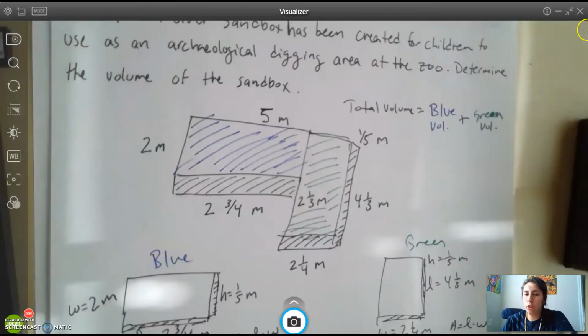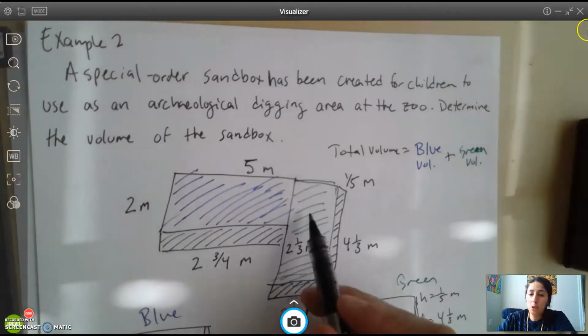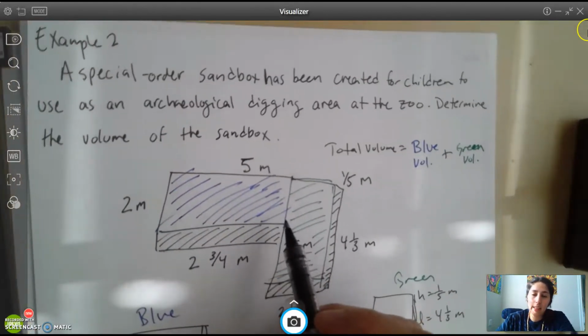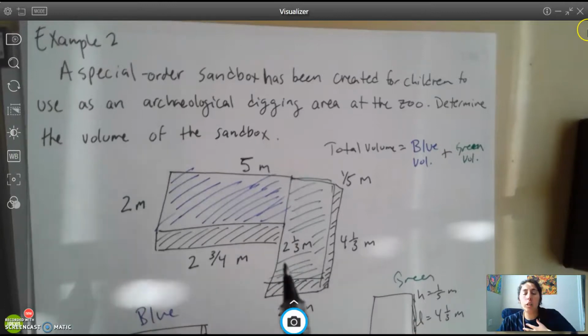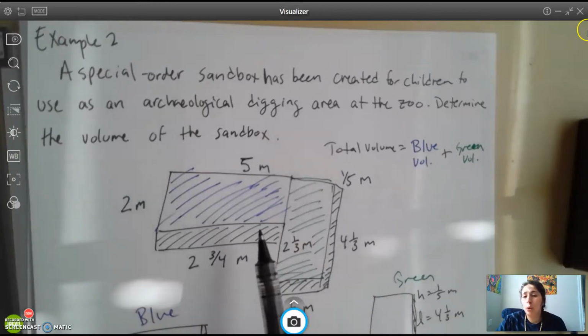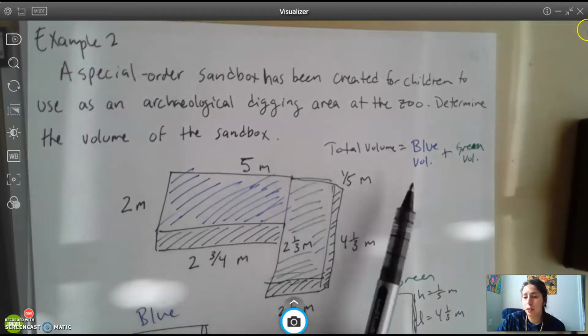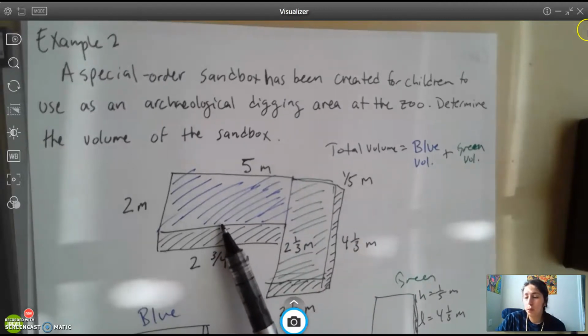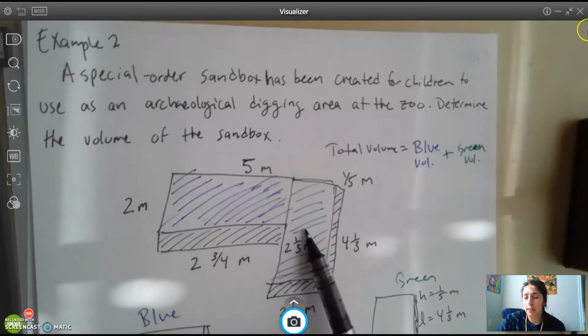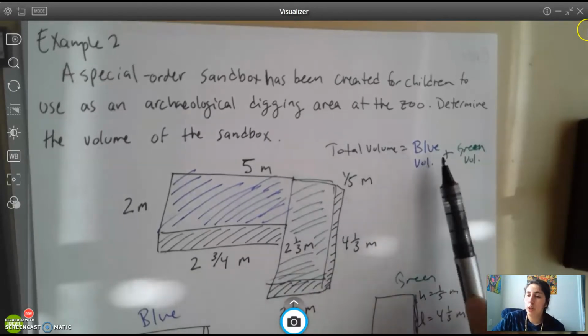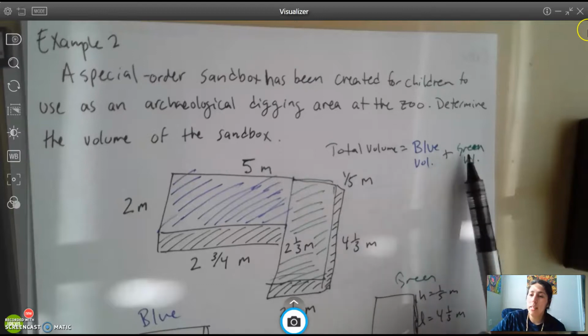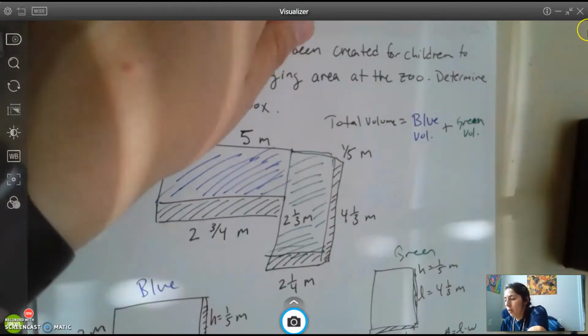All right, so my final answer. Let's go back to my question. This is a special digging site for kids at the zoo, and we're trying to find the volume of the sandbox. To find the total volume of this composite figure, I split up this composite figure into two shapes. Blue rectangular prism and green rectangular prism. To find the total volume, I found the two, and now I have to add them together, which I did.